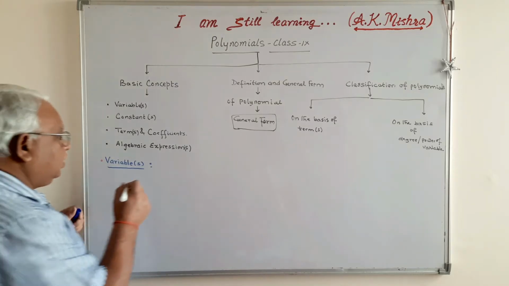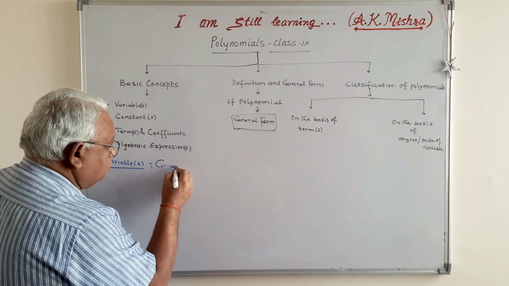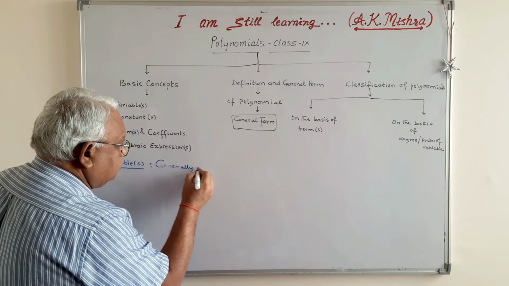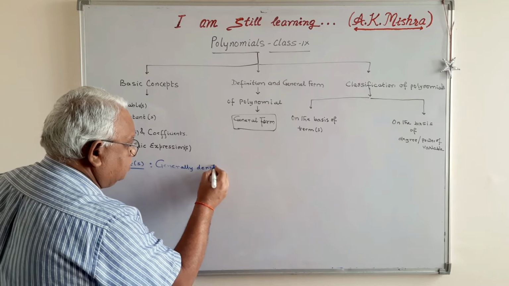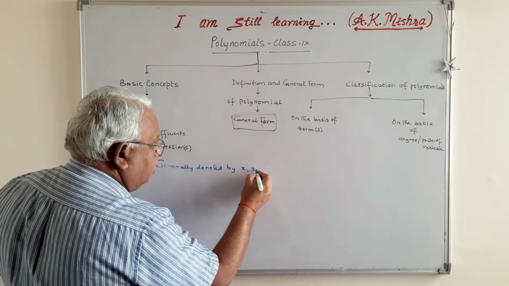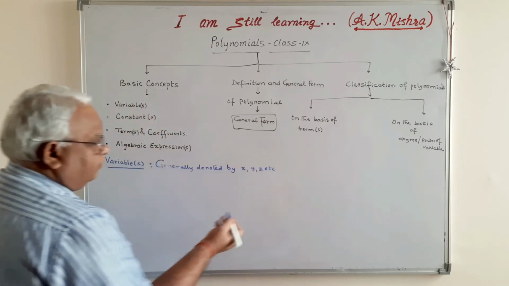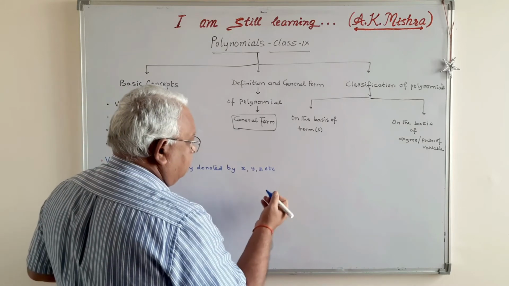Variables. Variables are generally denoted by x, y, z, etc. or alphabet. You can use any alphabet.